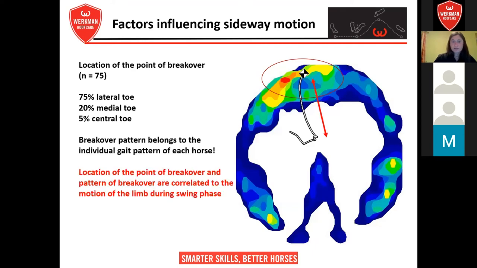This might be correlated to some motion patterns during swing phase as well, but there will be something different. We have 75 percent of horses breaking over the lateral toe in our studies, but this would mean that a lot of horses would tend to wing in, but this is not the case. So this correlation is there, but it's not 100%.